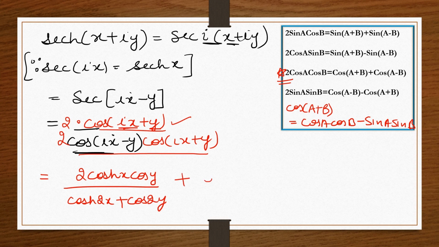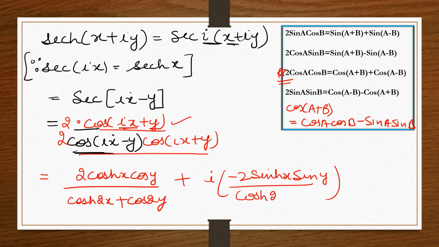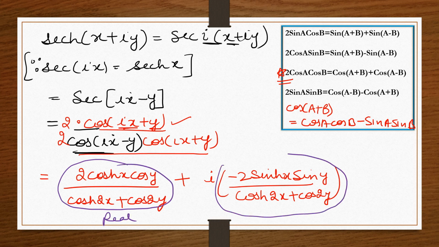And plus here you'll get iota, fine, and along with that you'll get minus 2 sine hyperbolic x sine y, right? And in denominator you'll get the same thing, cos hyperbolic 2x plus cos 2y, right? So this will be your real part and this will be your imaginary part. Okay, so I have skipped some steps from here, like you have to apply these two formulas. One is this, other is this, then only you'll get this thing.